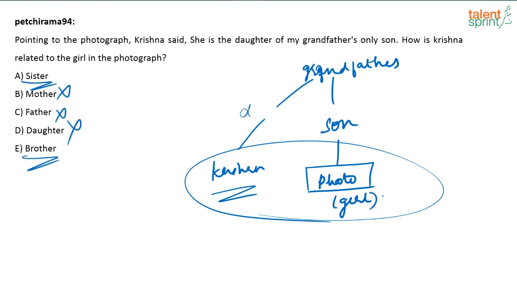Either brother or sister based on options, but again without knowing the gender of Krishna you can't say anything. But see, like in blood relations, the gender of the person is very important. Girls can also have the name Krishna. How can you say for sure Krishna is a male? We can't. So I think something is wrong with the options given here or the way the question was framed.